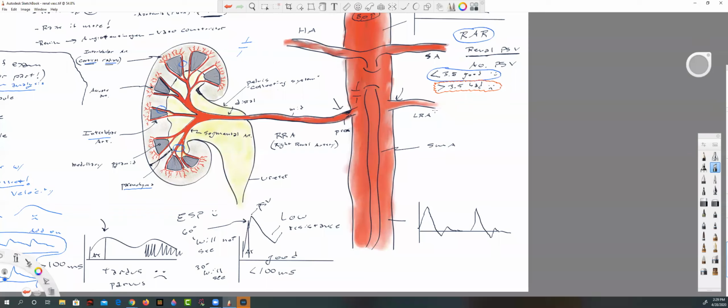Atherosclerosis is the number one reason for renal vascular disease. Number one is atherosclerosis.